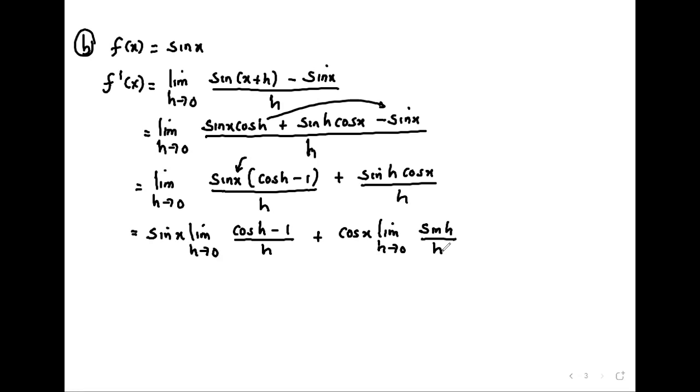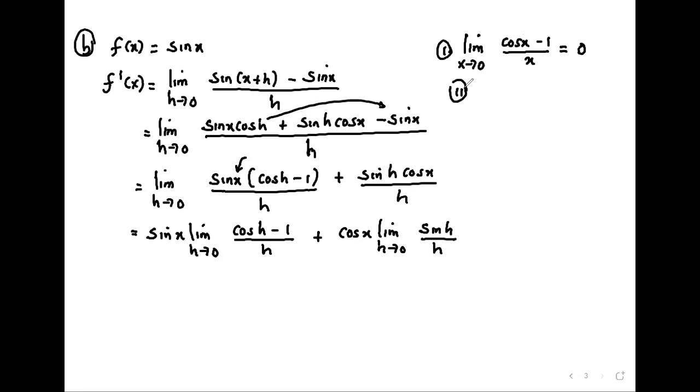Now we have two identities in trigonometry as far as the limits are concerned. The limit as x goes to 0 of cos x minus 1 over x is 0.